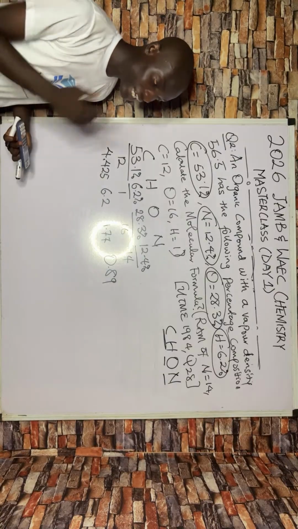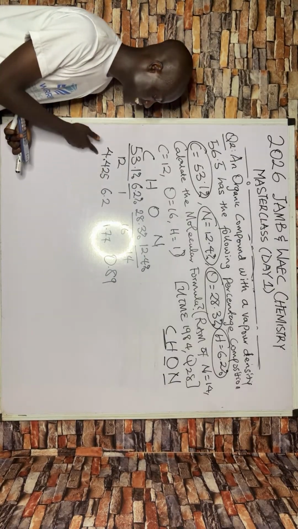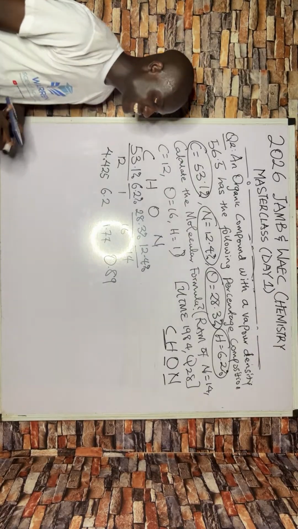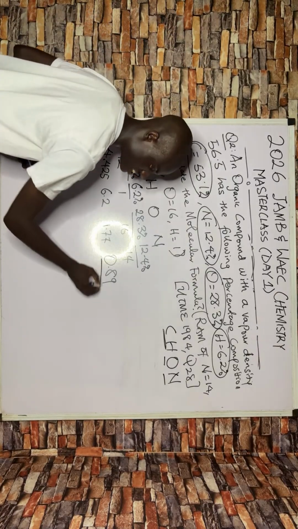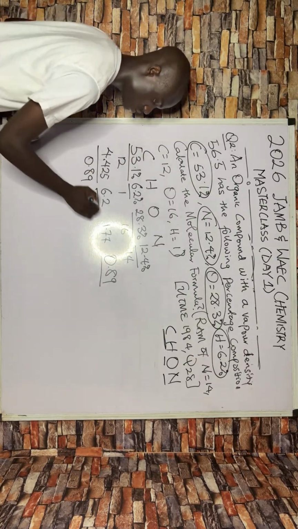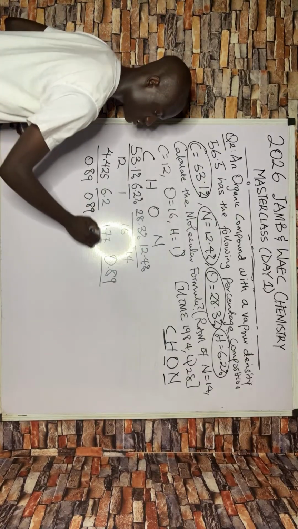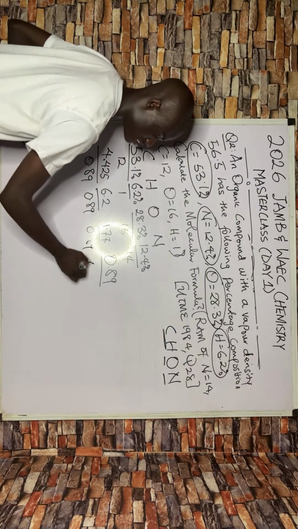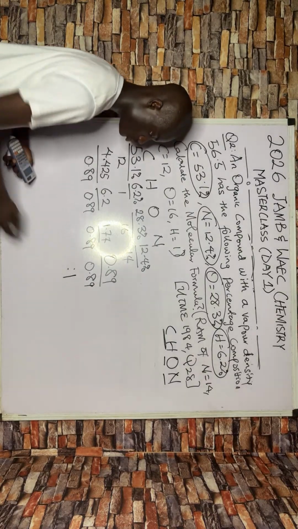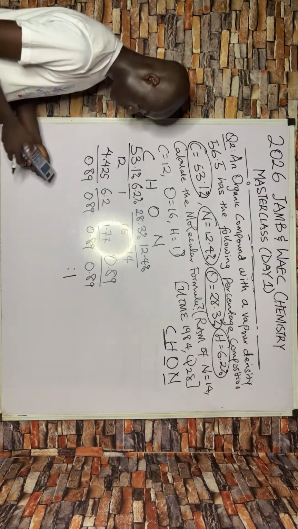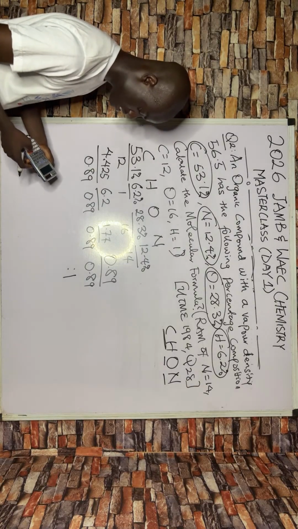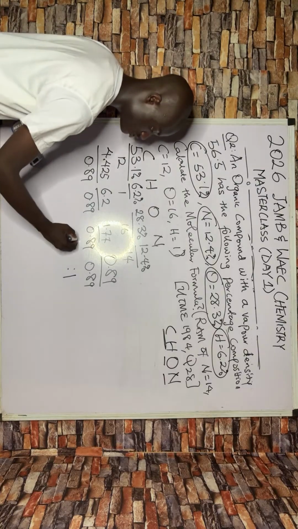Now when you have done this, the next thing you ought to do is to divide by the smallest. We can easily know which is the smallest by looking at the whole number part: this is 4, this is 6, this is 1, and this is 0. So I am going to divide all through by the smallest, which is 0.89. Ideally this will give us a ratio. 1.77 divided by 0.89 gives approximately 2.